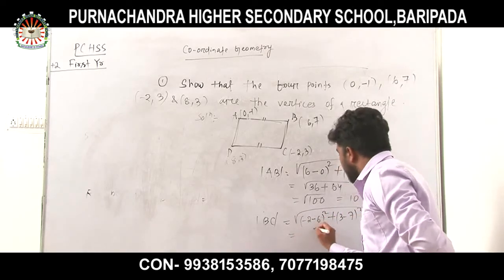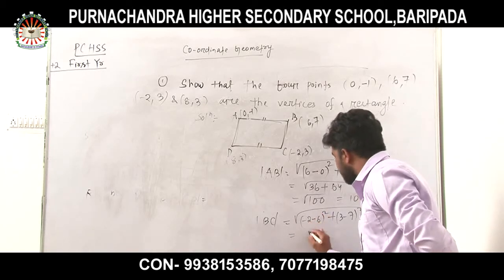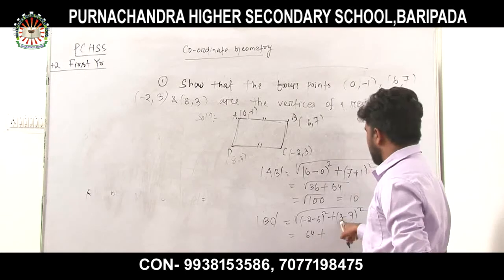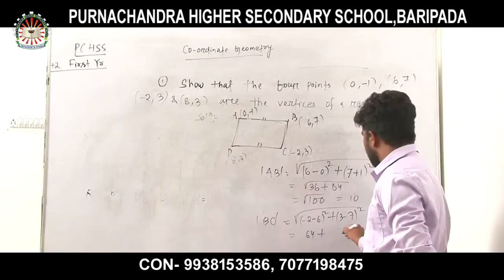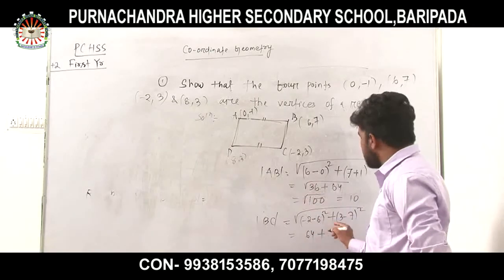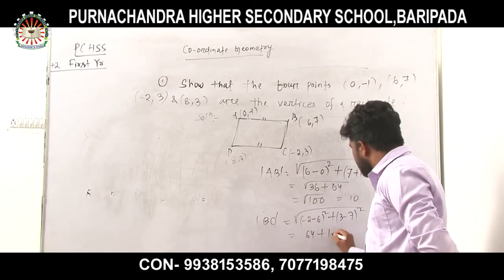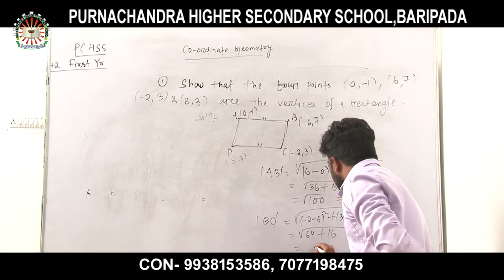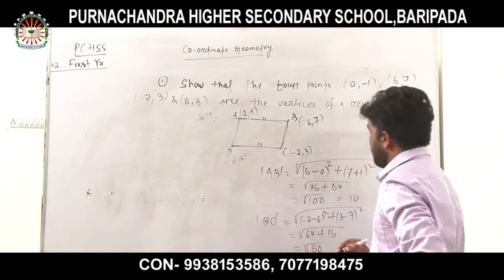That is 8 square, 64, plus (-4) square, which is positive, 16. That is 80, root of 80.